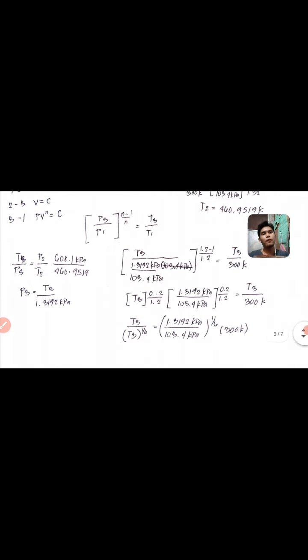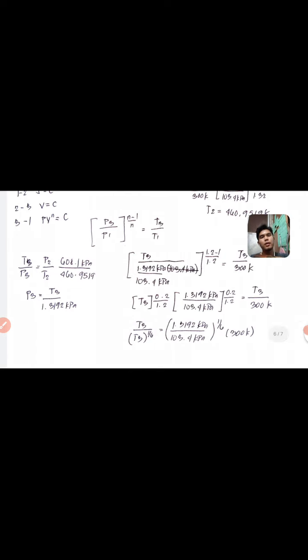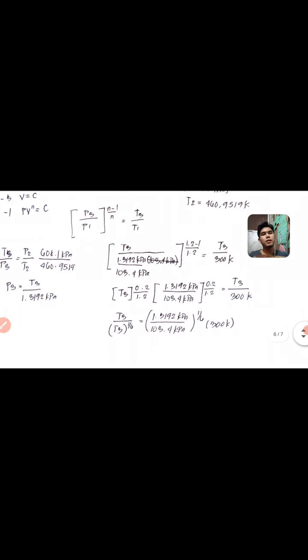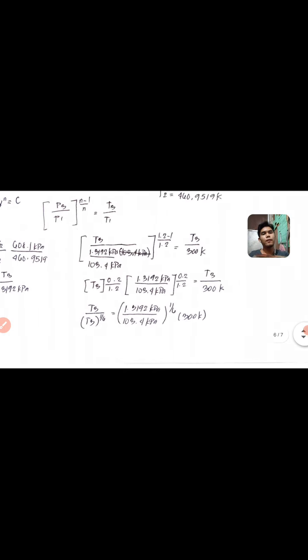So in our formula P3 over P1 raised to n minus 1 over n is equal to T3 over T1, we can substitute the value of our P3 in this formula. So P3 over P1, T3 over 1.3192 kilopascal all over 103.4 kilopascal raised to 1.2 minus 1 over 1.2 is equal to T3 over 300K.